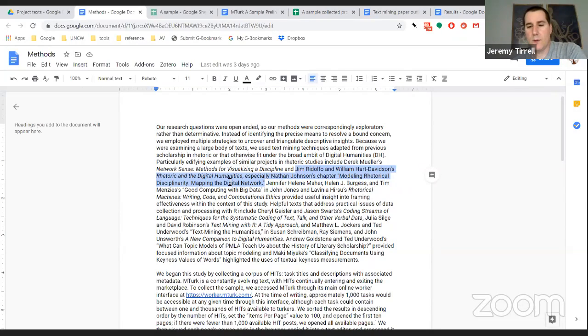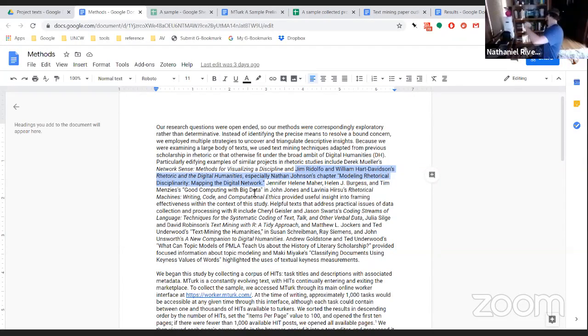Then also, have you seen or read Rodolfo Hart Davidson's Rhetoric in the Digital Humanities? Not the whole book, but yeah, I've got it. And I read a chapter here and there as needed. So I was plucking out, I pointed to all of them because part of this grounding is just, hey, these are techniques that are used in the discipline for different reasons.